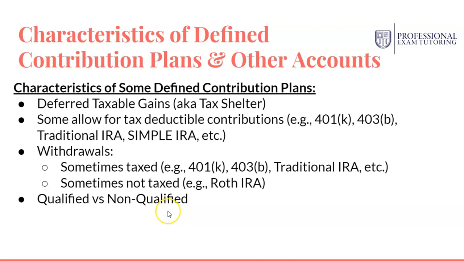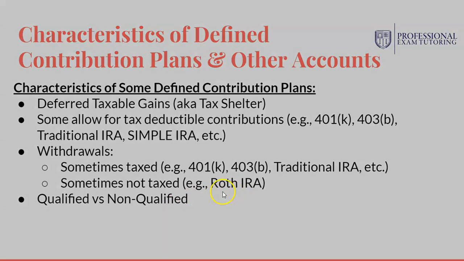Non-qualified accounts are retirement accounts where the money that you put in first gets taxed, and then the money after it's been taxed, you can decide once you get it into your bank account whether you then want to transfer it over to a Roth IRA.